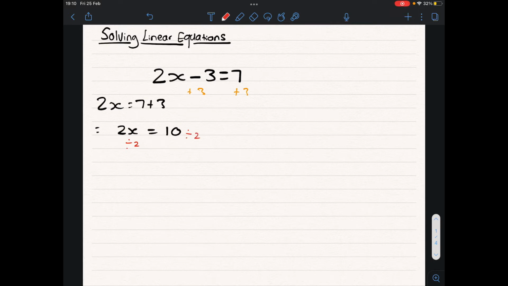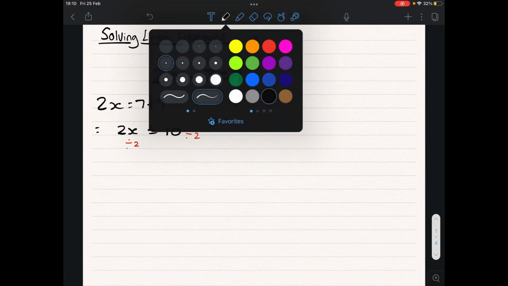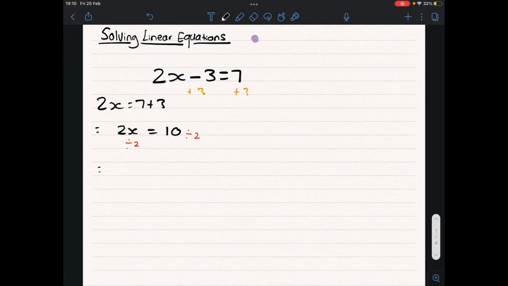The reason why we divide by 2 is to isolate x, and the opposite of times is dividing. So that will give us x equals 10 over 2, so x equals 5.